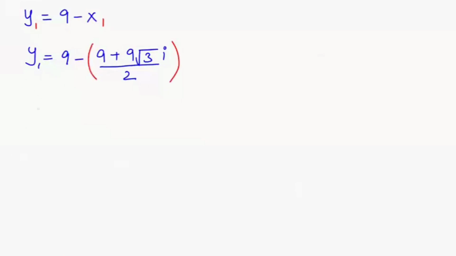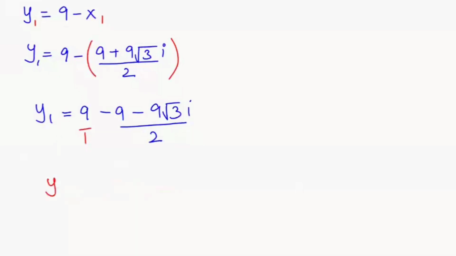So I'm going to write y1 is equal to 9 minus (9 plus 9 root 3 iota)... that is, y1 = 9 minus (9 + 9√3 i)/2. Next I'm going to take the LCM, that is 2.